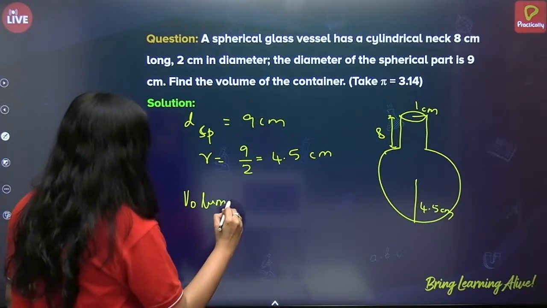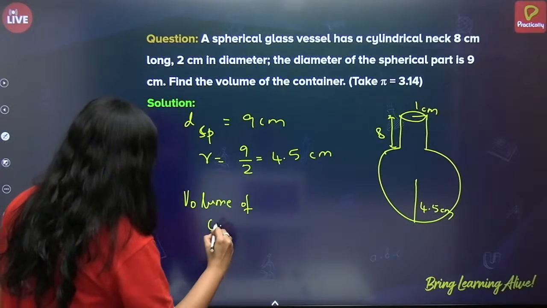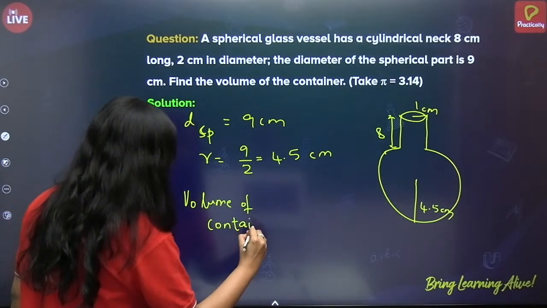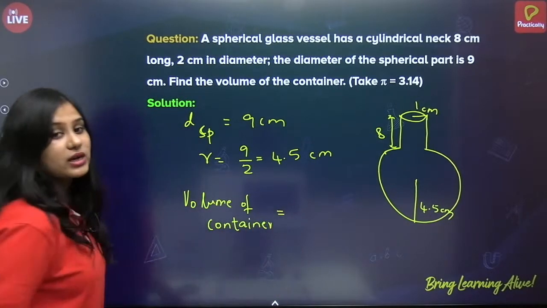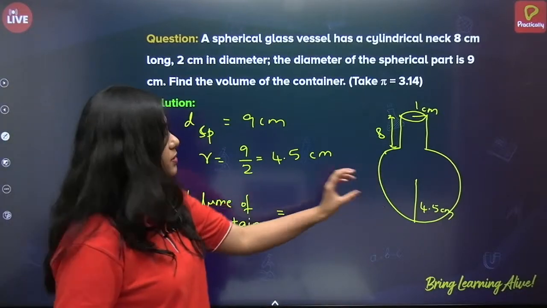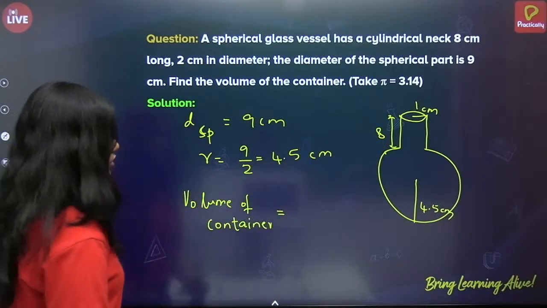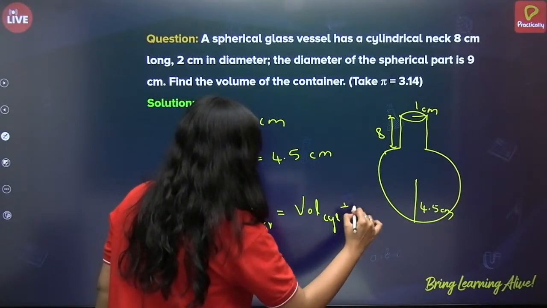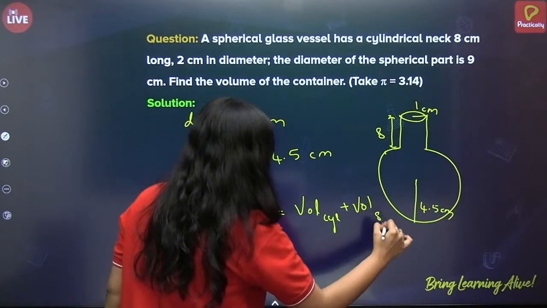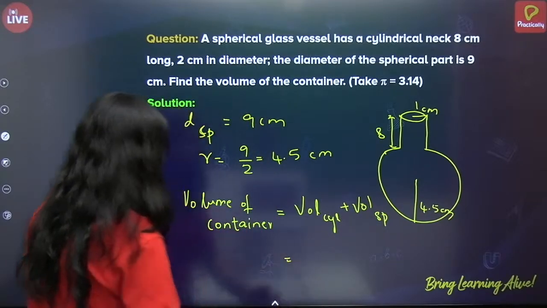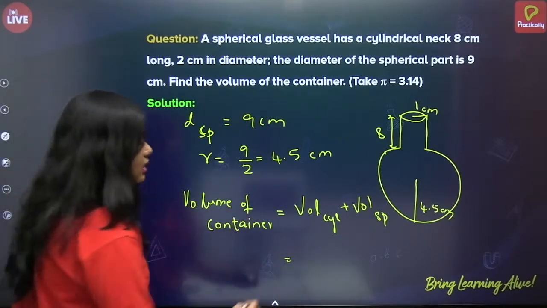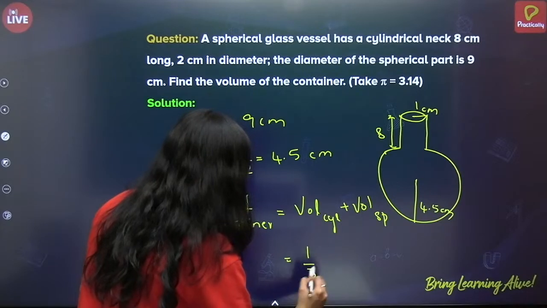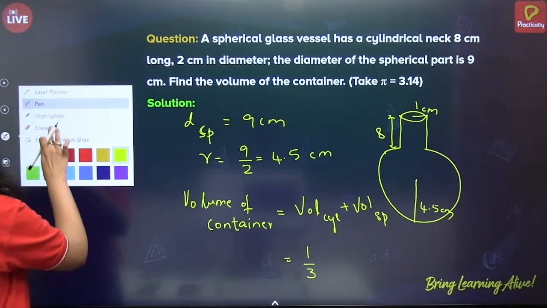So volume of container. What is the volume of the container? Volume of the sphere plus volume of the cylinder. So just write volume of cylinder plus volume of sphere. Now substitute the values. What is volume of cylinder? 1 by 3. Sorry, not 1 by 3.